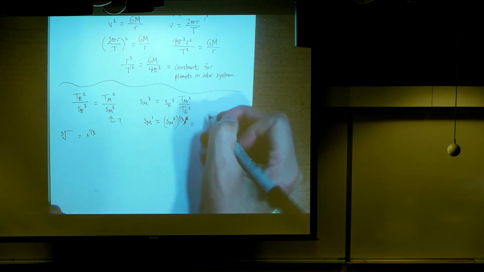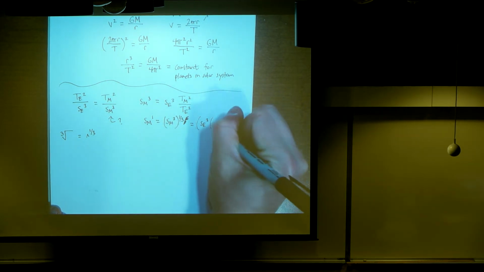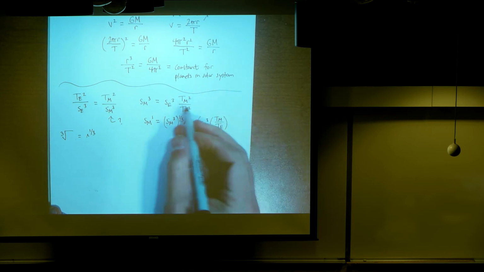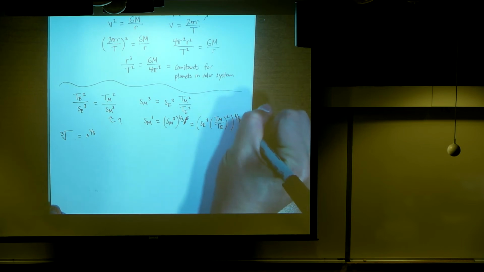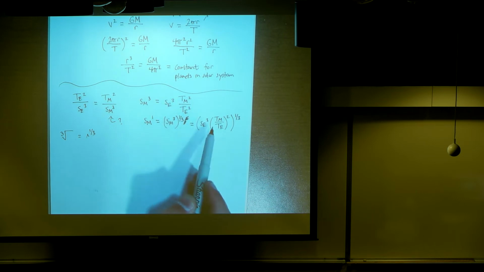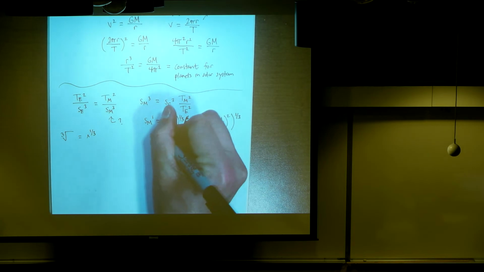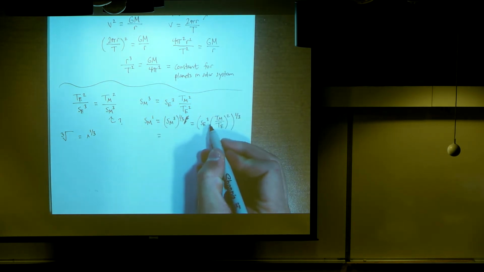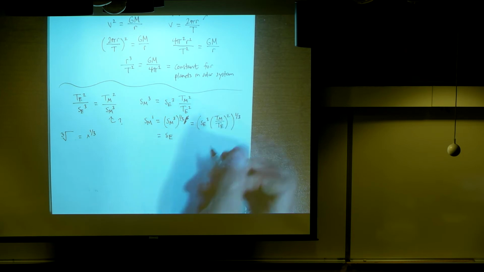So I have to take this whole thing, Se cubed times Tm over Te, that whole thing being squared, and take it to the 1/3 power, okay? So Se cubed to the 1/3 power is just Se.